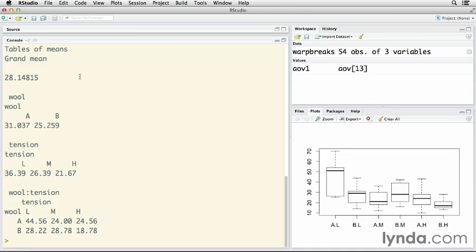That's our very strong, significant finding right there. And then the interaction of the two, what you can see is that for low and high, A had more breaks than B. But interestingly, it flipped around for medium, where B had more breaks. That's an interaction effect that often characterizes, for instance, experimental research.